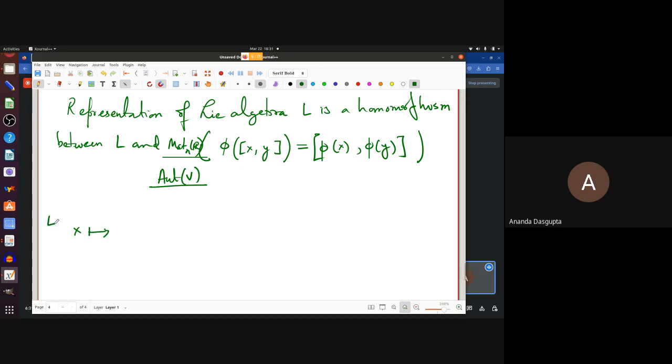The map which takes L to some space, which of course has to be specified, but X maps to, say, some obvious space like R. R is in one-to-one correspondence with End V for a particular V. Let's think about which one that is.